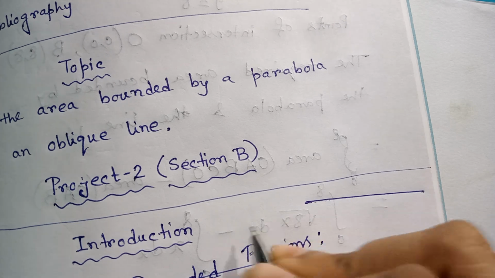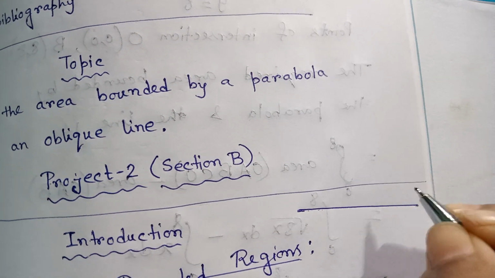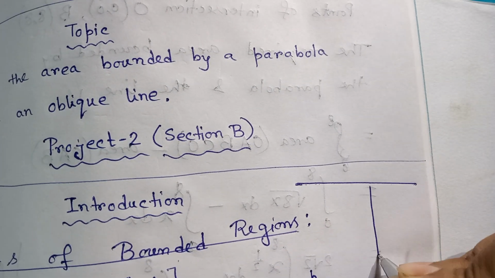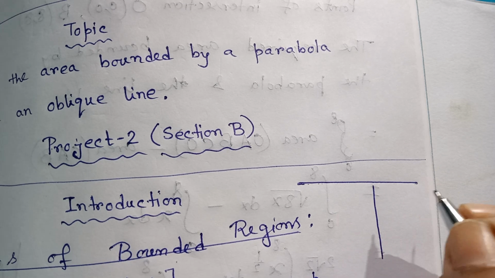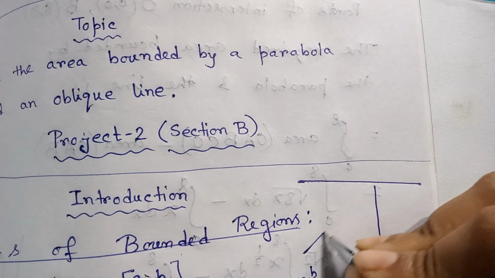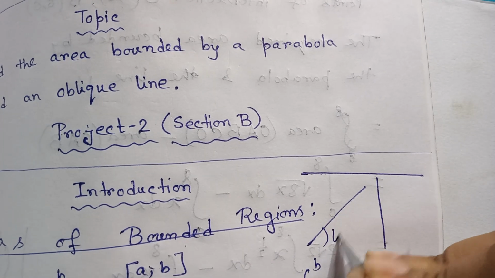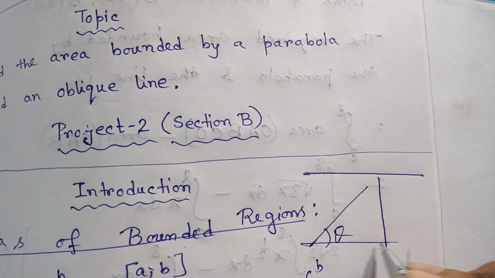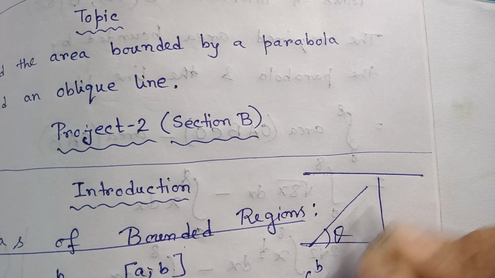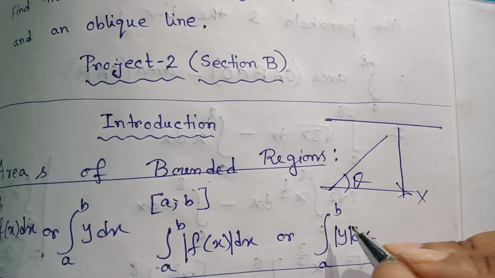A line that is parallel to the x-axis, and vertical means what? Which is parallel to the y-axis. So oblique line means what? This. That means an oblique line always makes some angle theta with the positive direction of the x-axis. This is the oblique line.